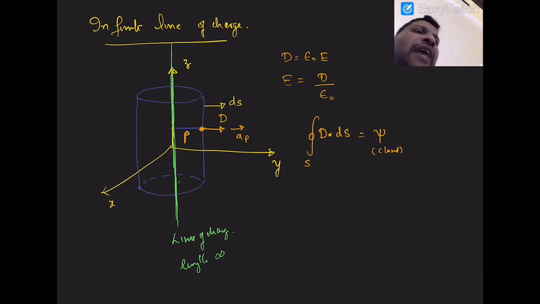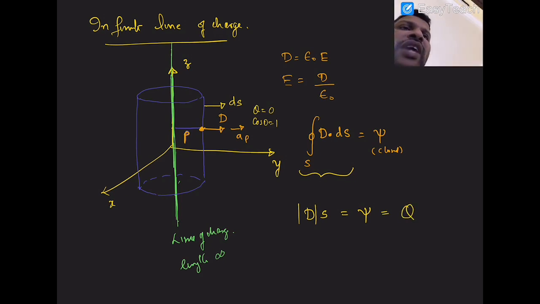The angle theta between them is 0, or cosine theta is equal to 1. So I have this integral as D into S, the magnitude of D into S. This will be equal to psi, and that will be equal to the total charge enclosed by that surface.